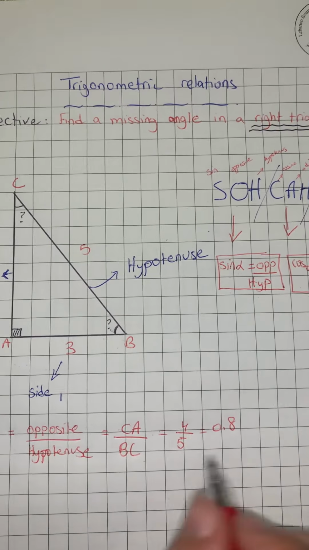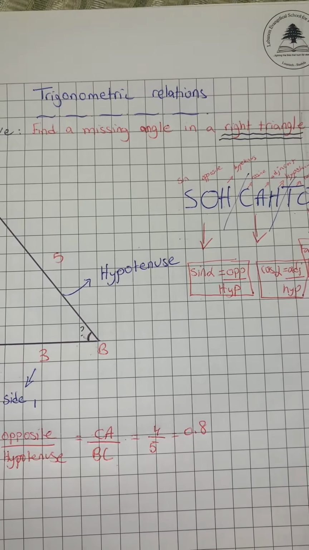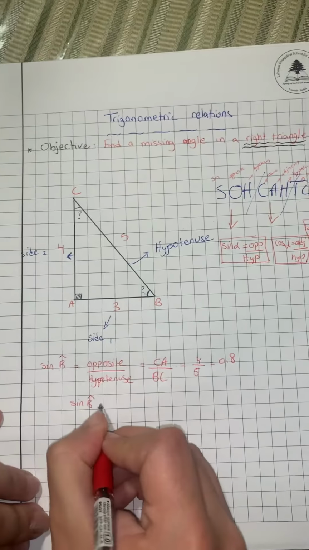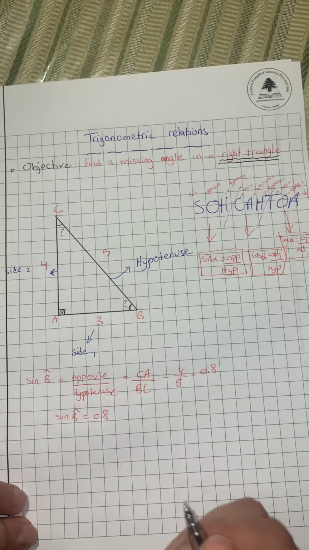The goal is to find the measurement of the angle. Now we have sine B is equal to 0.8.